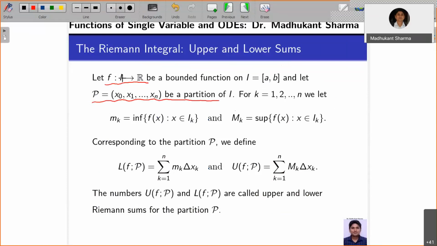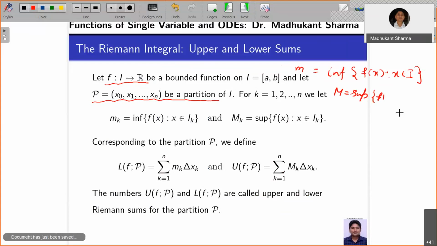Now, since f is bounded on I, its infimum will exist and its supremum will also exist. You take the range, f of x such that x belongs to I. Let's say the infimum is small m, and capital M is the supremum of this set, f of x such that x belongs to I. Why?